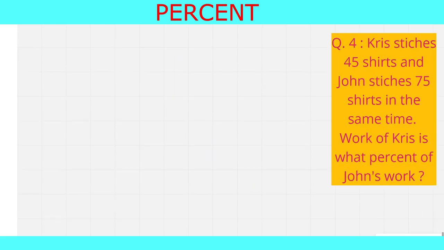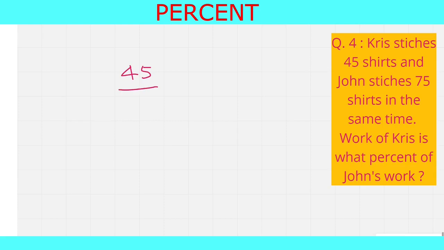We go to the next question, and the question is, Kris stitches 45 shirts and John stitches 75 shirts in the same time. Work of Kris is what percent of John's work? Now it is asked that work of Kris is what percent of John's work. So John has to be in denominator and Kris has to be in numerator. So we solve like this. Kris' work is 45 shirts.